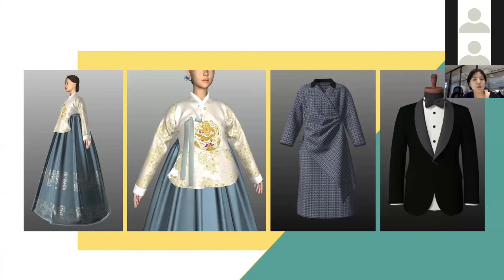For example, on the left is a Korean traditional garment, and they use decoration like embroidery or silky fabric, and this view is showing from DC Suite.